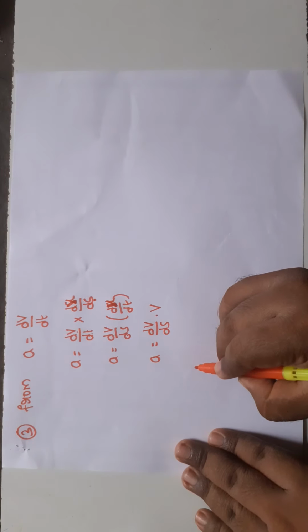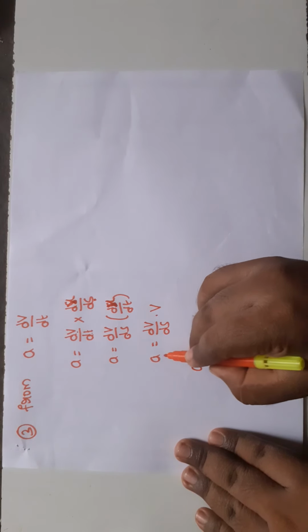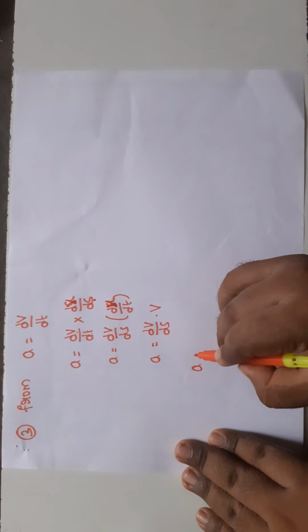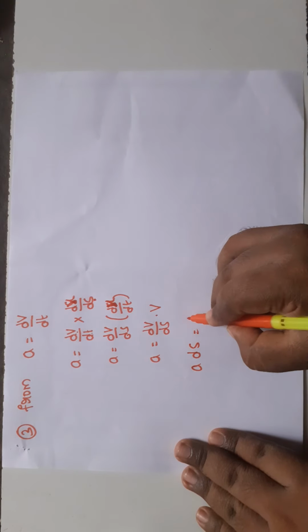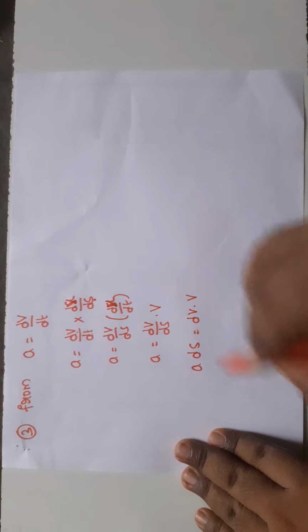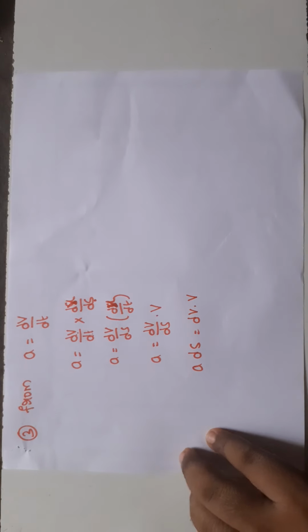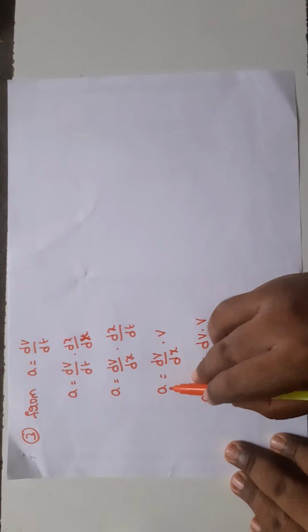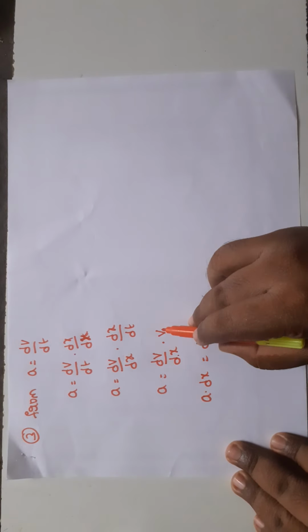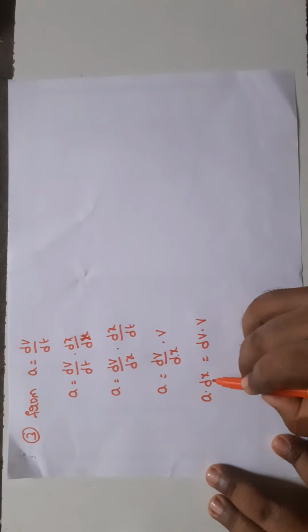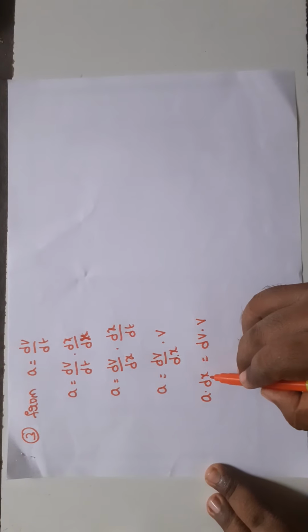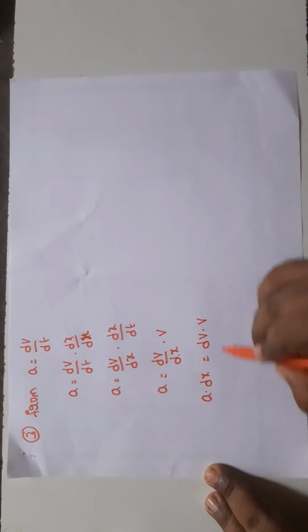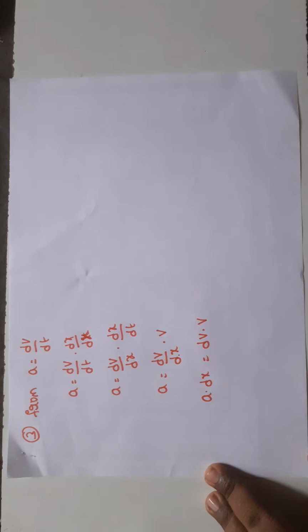Now the above equation I am writing as a into dx equals dv into v. Here dx means change in displacement, and v means velocity changes.